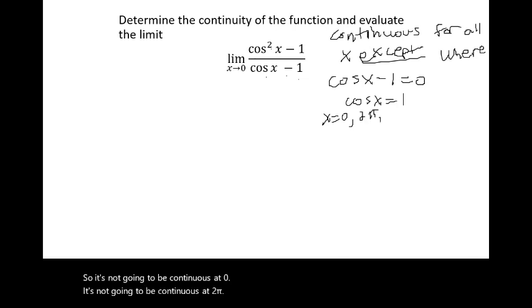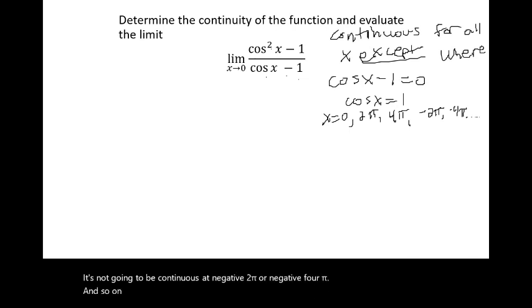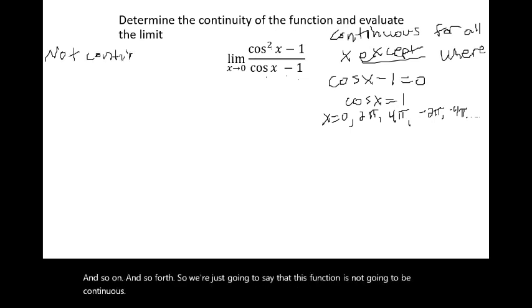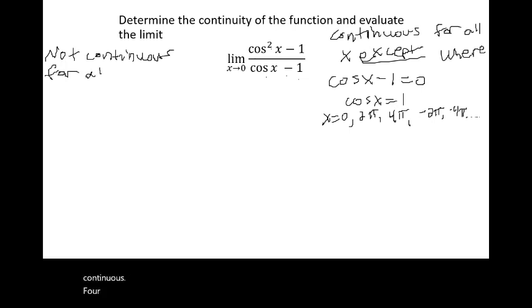It's not going to be continuous at 4 pi. It's not going to be continuous at negative 2 pi or negative 4 pi, and so on and so forth. So we're just going to say that this function is not going to be continuous for all integer multiples of 2 pi.